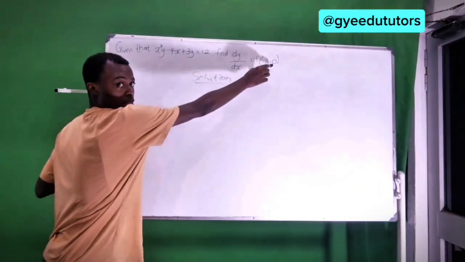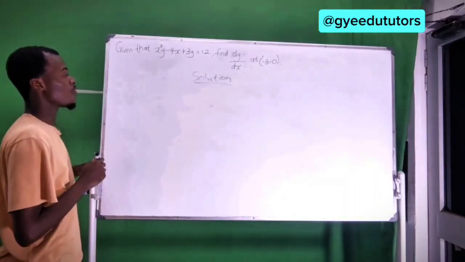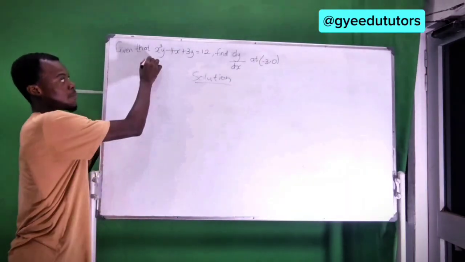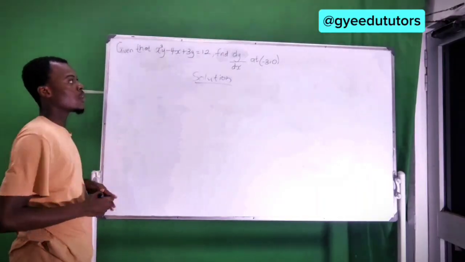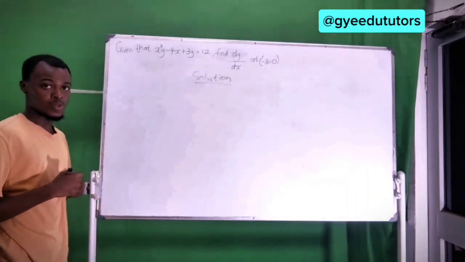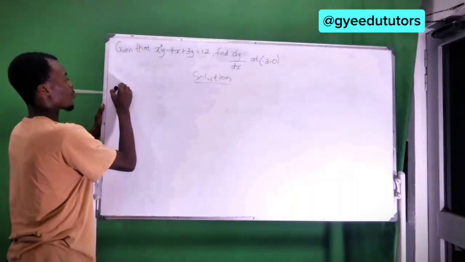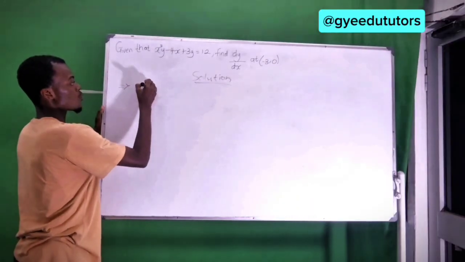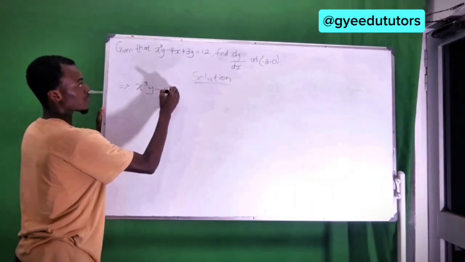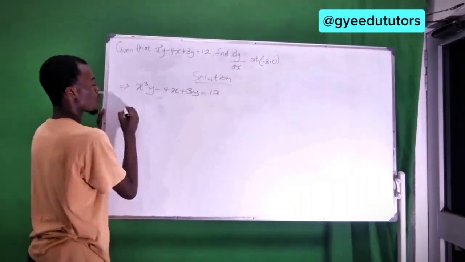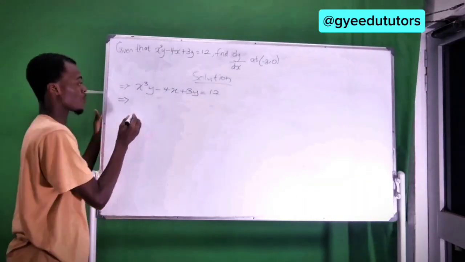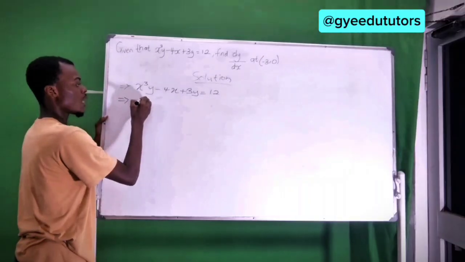(-3, 0). Okay. So first of all, our first term is x cubed y, and x cubed y, we can use product rule. Okay. So first of all, x cubed y minus 4x plus 3y is equal to 12. So first of all, by using product rule, we keep this and we differentiate y.